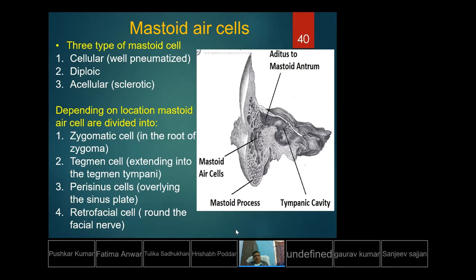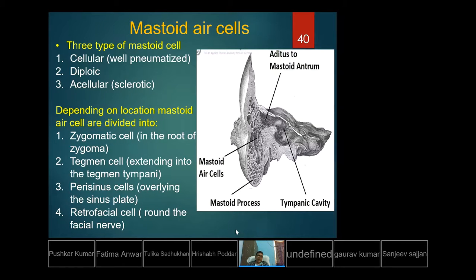The diploic type, where some are cellular and some part is bone marrow. So it is diploic. And acellular, no cells, no bone marrow, complete sclerosis. So only 20% are seen as acellular and diploic.